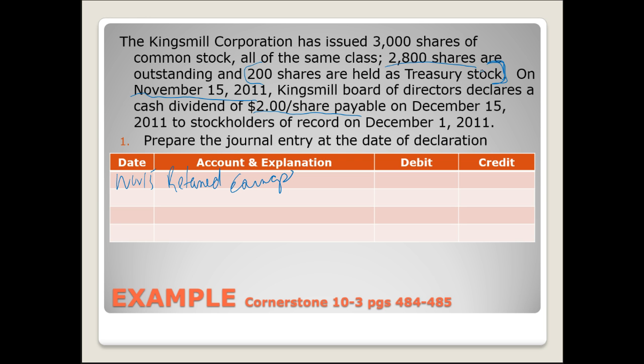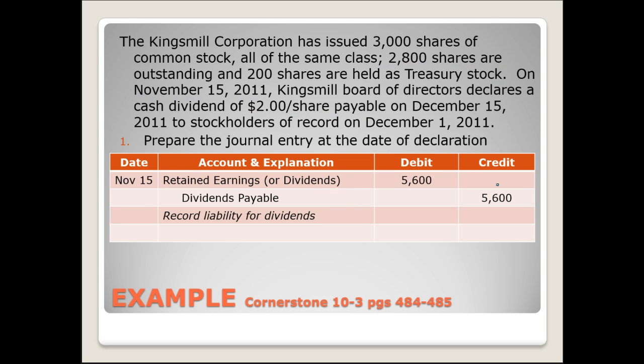So they have 2,800 shares outstanding times the $2 per share that are actually payable. So that's a debit of $5,600. And then they haven't paid them in cash yet, right? So they have a short-term liability for themselves of $5,600, which we book as a credit to dividends payable.